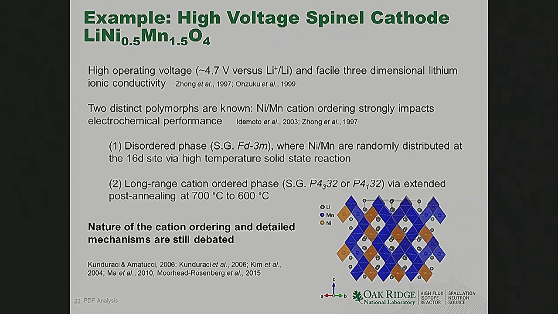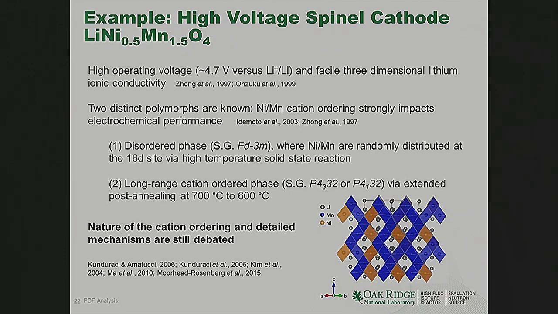So, the high-voltage spinel cathode, LNMO. This material has a very high operating voltage and really good lithium ionic conductivity. And it's been known for a while that there are two distinct polymorphs of this material. One where the cations are fully ordered, and another where you have some partial sharing of one of the sites by manganese and nickel.